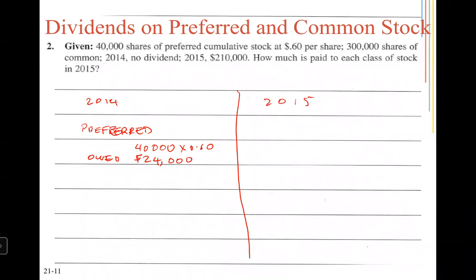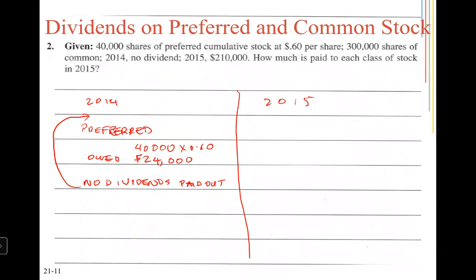No dividends paid out, so the common people wouldn't be owed anything. Even though nothing was paid out, I guess you could put that on top. No dividends paid out. So the preferred are owed 24,000.